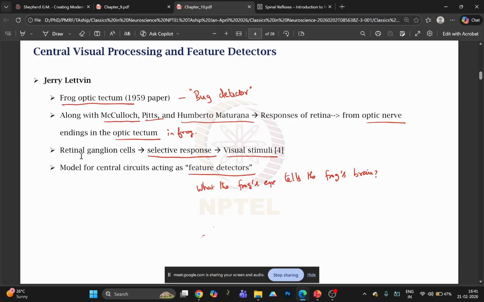The frog retina is able to detect different kinds of features, and this visual stimulus is getting integrated in the optic tectum. So this is the work by Jerry Lettvin and his colleagues. That is the one in which the idea of feature detectors in the brain first came up.